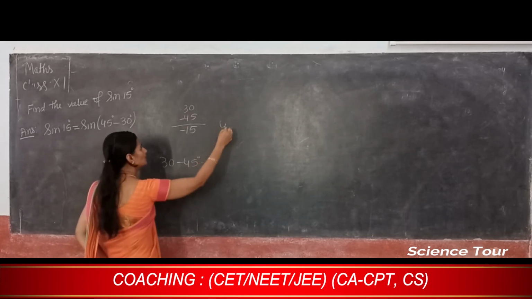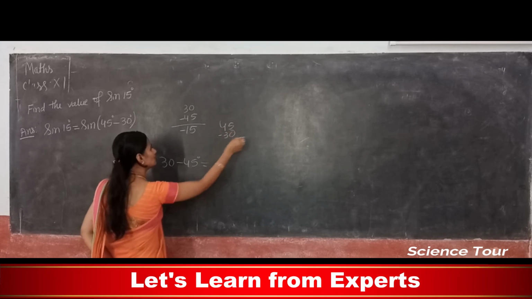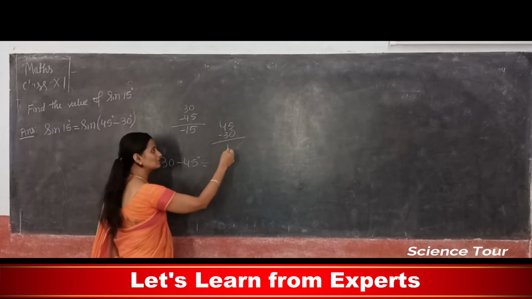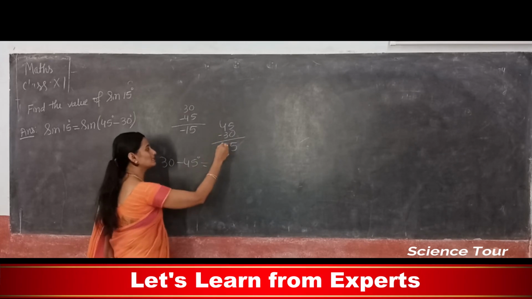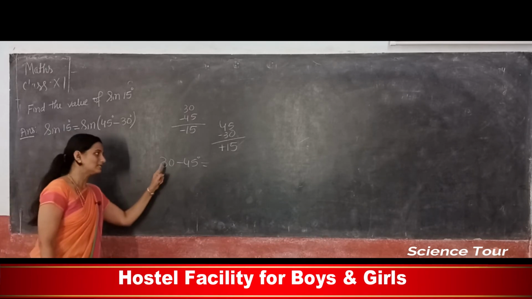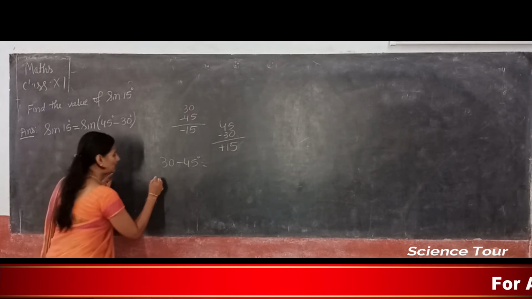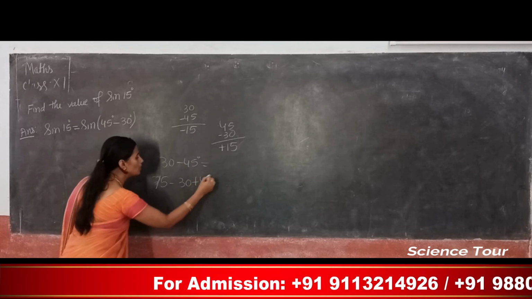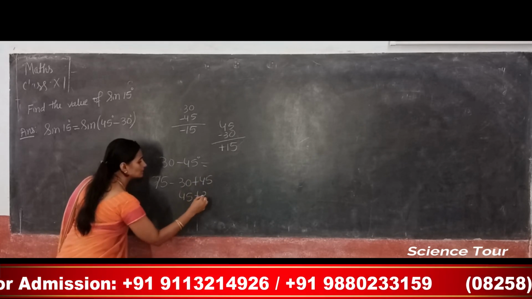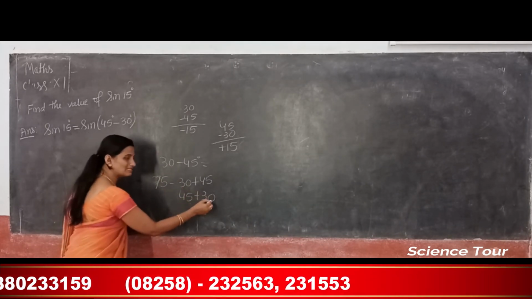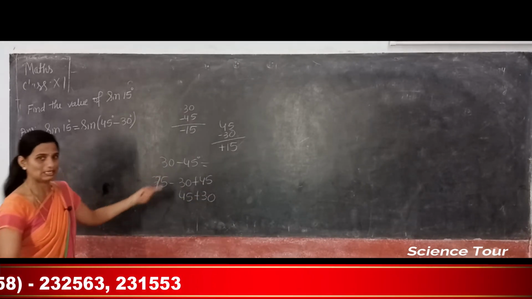So it is minus 15, not plus 15. So you can't write 30 minus 45, but for 75 you can write 30 plus 45 or 45 plus 30. Both are the same: the answer is 75, no difference.